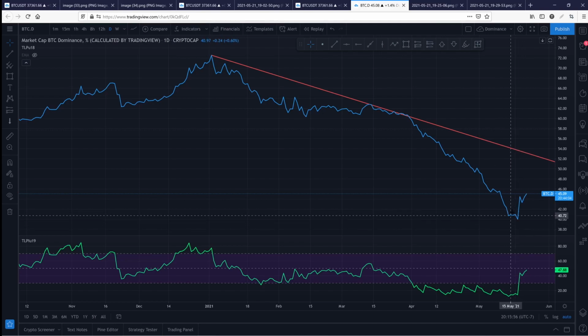So this bullish divergence lines up with an increase in Bitcoin dominance. So potentially we can have Bitcoin increasing up to this 50 range. So alts may bleed a little bit as Bitcoin continues its rally. And that sort of makes sense.